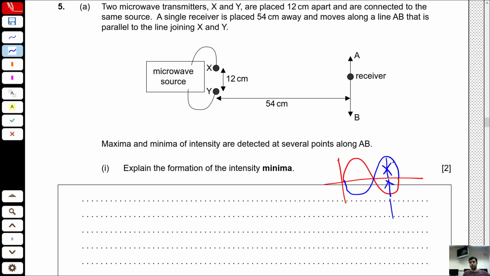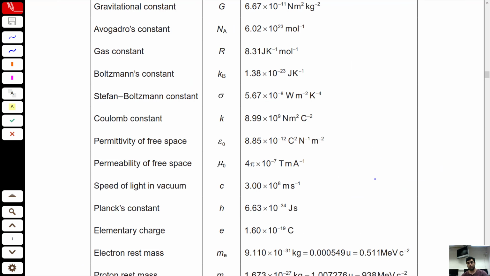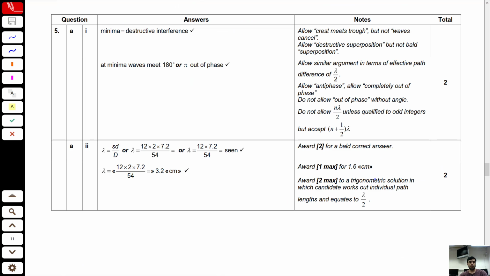So the two intensities or the two amplitudes just cancel out each other. And this occurs when the two waves are 180 degree in phase difference and they destructively cancel out each other, giving us zero intensity. So you can see minimum occurs when we have a destructive interference, and it occurs at the minima where waves meet with 180 degree phase difference. So they must be out of phase by 180 degree.